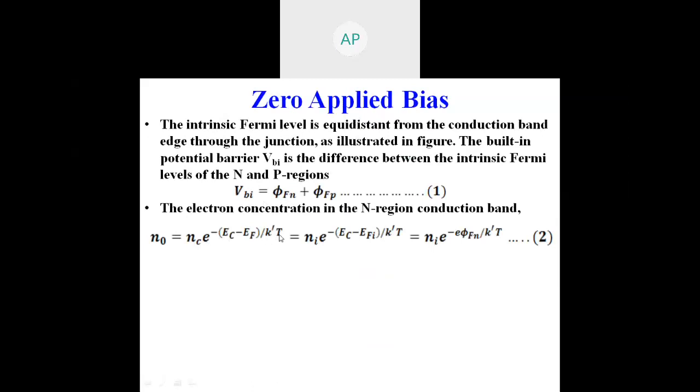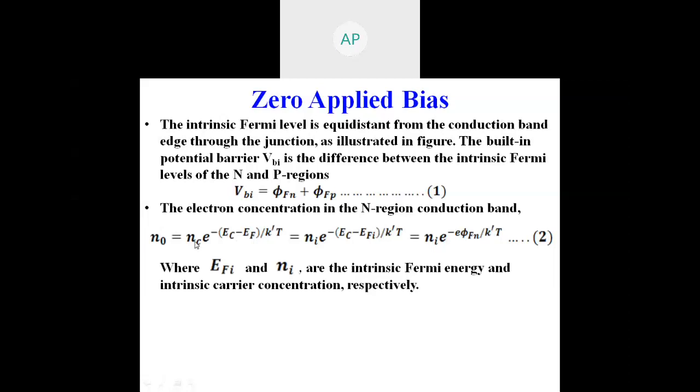Now, what is T? T is temperature, k is the Boltzmann constant, EF is the Fermi energy level, Ec is the conduction band energy level, and n is the carrier concentration.